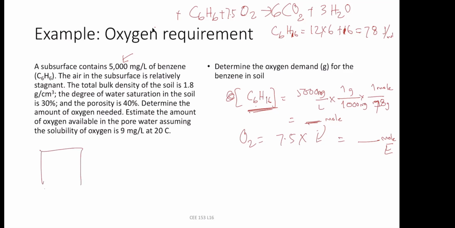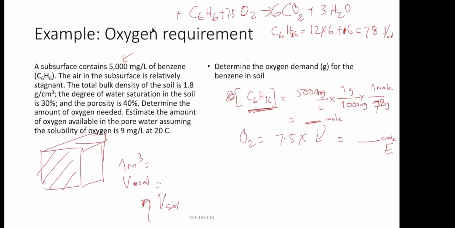If you have 1 meter cube of soil, whatever the volume of soil, only a fraction of that volume of soil is pore. That's where the water is. So porosity times volume of soil is the pore space, the entire volume of soil.